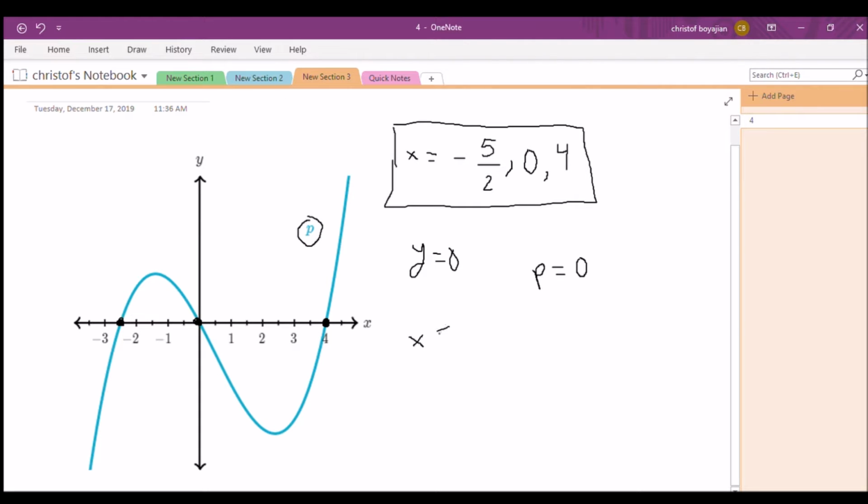In order to do that, let me write out our three separate points here. So x equals negative 5 over 2, x equals 0, and x equals 4.